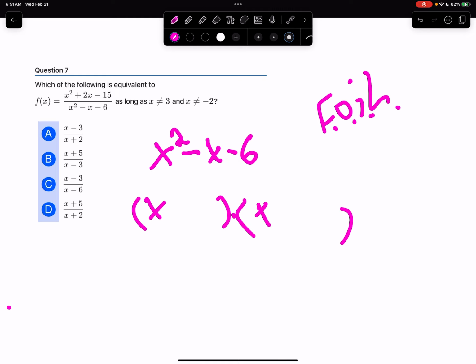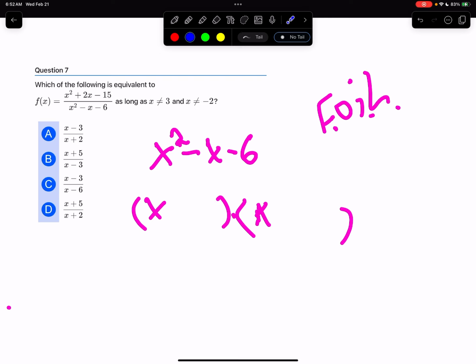So first, inner, outer, last. The first ones are the x and the x, and I put x's there because if you multiply them, x times x gives you x squared. Okay? And then you've got the outer and inner part, the outside of the two parentheses and the inside two parentheses, the ones next to each other. We're basically just multiplying everything out.